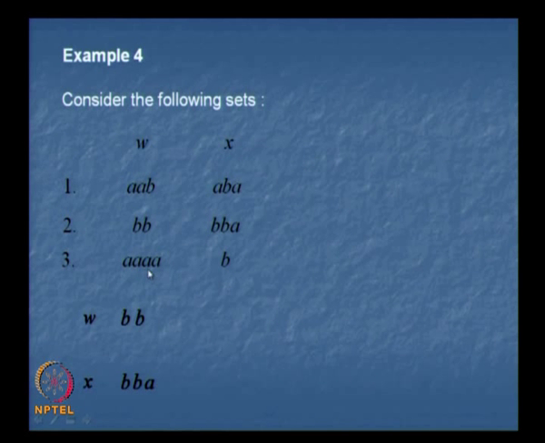So, the solution cannot be continued with this. It has to follow this one. Continuing the solution with 1, you get this. Now, the two strings match up to this point, but the string X is longer by one symbol.